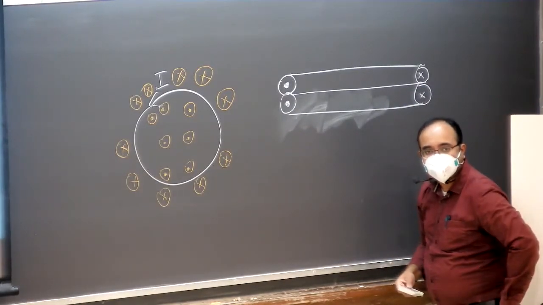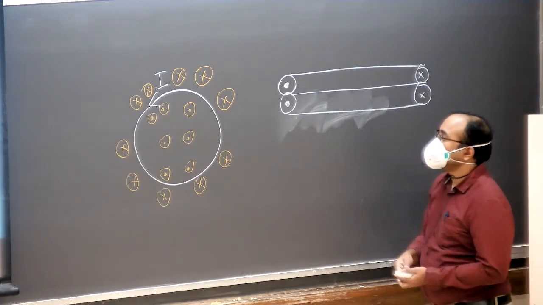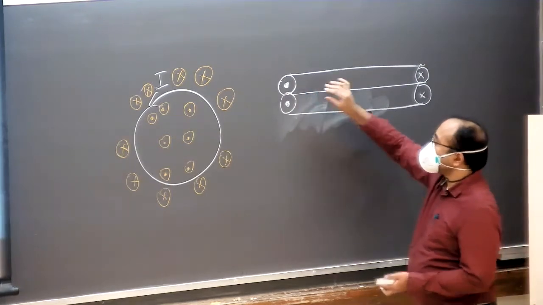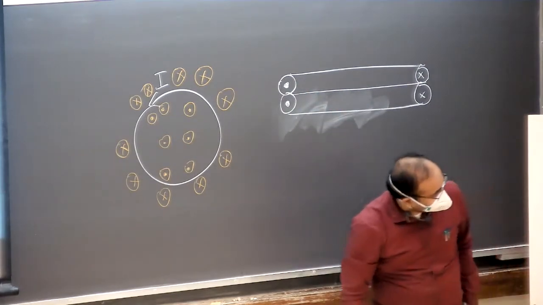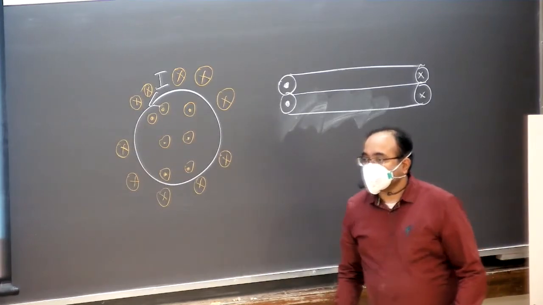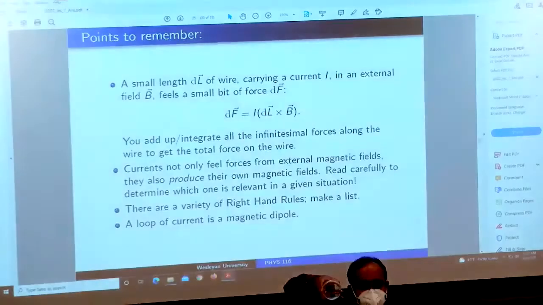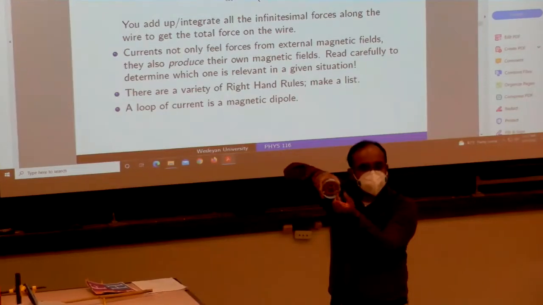Yes? Are the endpoints representing current? Yeah, so the idea here is that I've taken a loop, turned it like this, and then I'm looking at what's happening with the currents at these points.